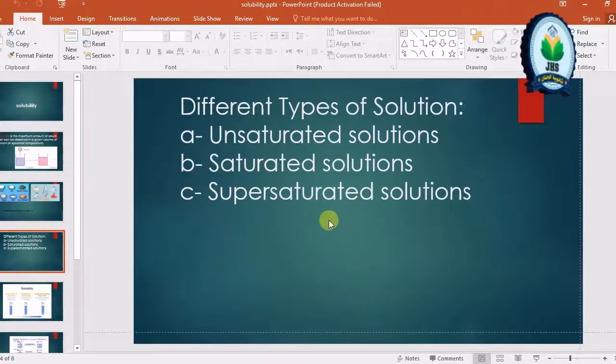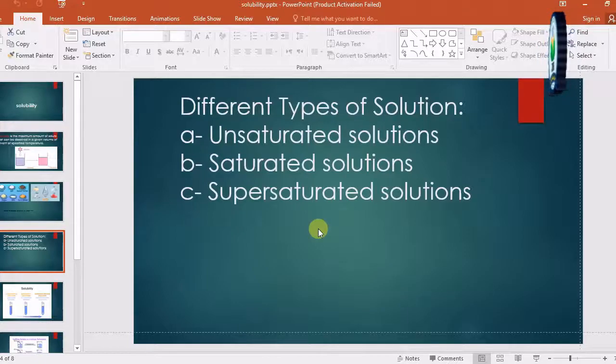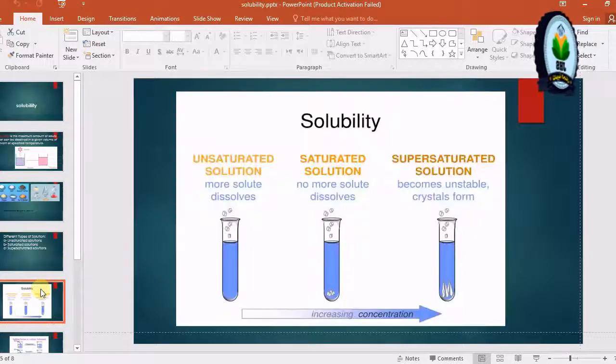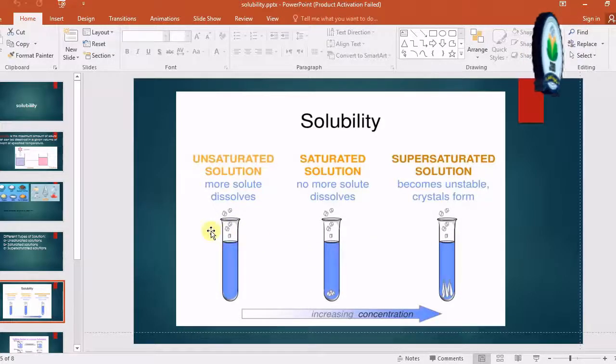Let's move to the next one. What are the types of solution? We have unsaturated solutions, saturated solutions, and supersaturated solutions. This is an example of unsaturated, saturated, and supersaturated. It's the same tube for the three types of solution.